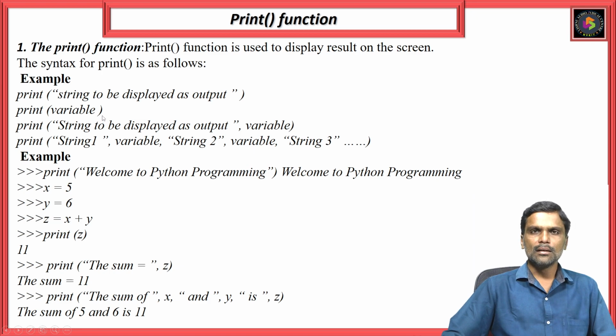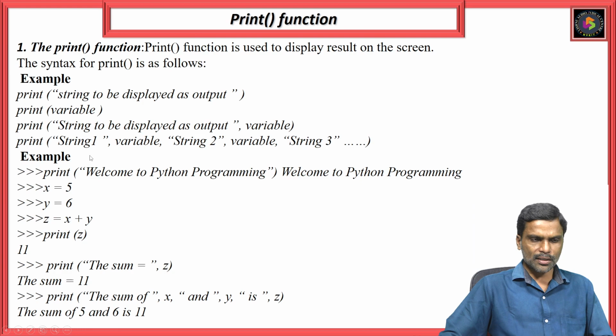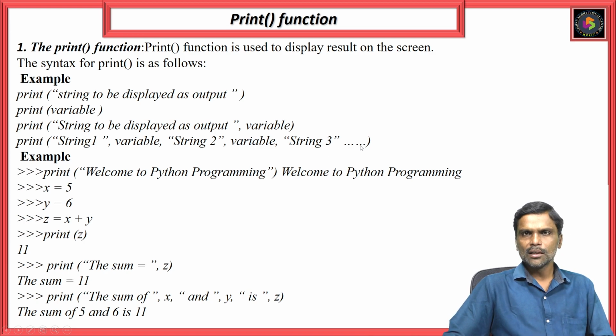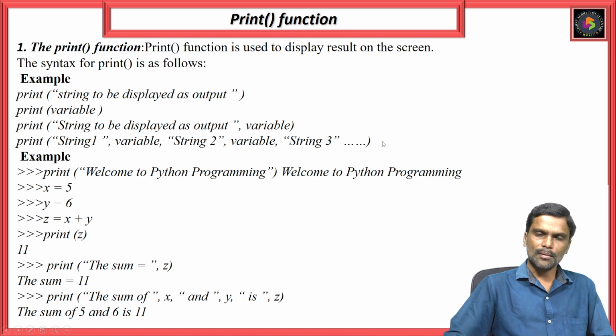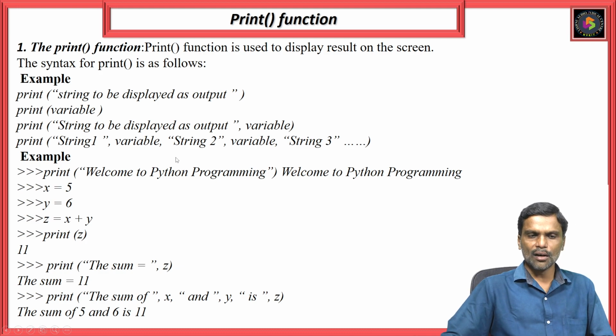Print variable: any variable, if you assign some value, like a is equal to 2 and print a, your output will be 2. Like that, the variable decides. String to be displayed as output, comma variable. These examples I have given: if you want to print string 1 variable, string 2 variable, string 3 variable, etc. Then how does it vary?